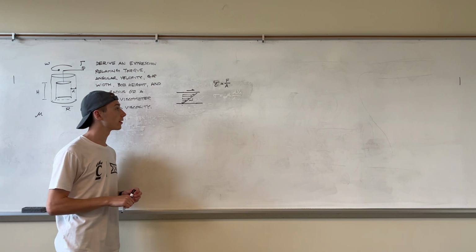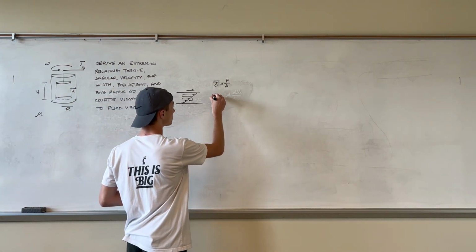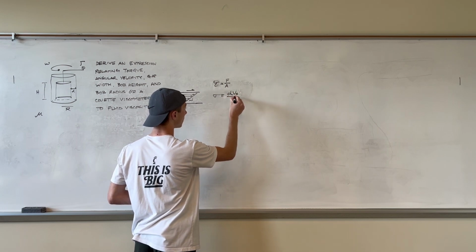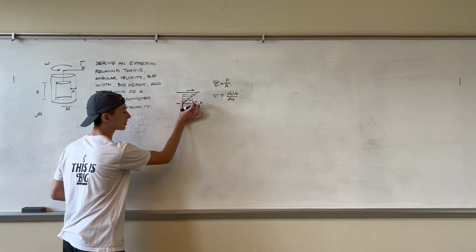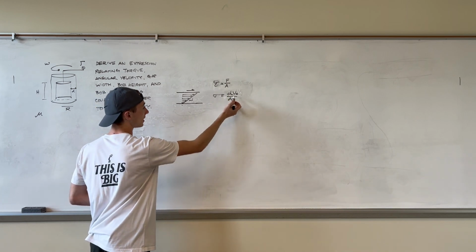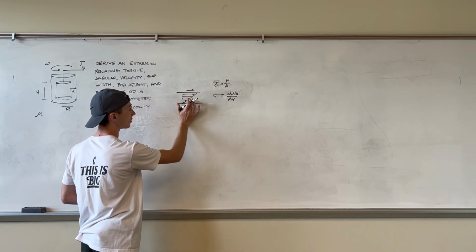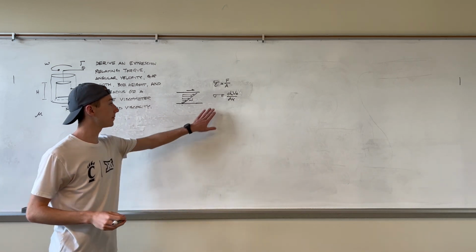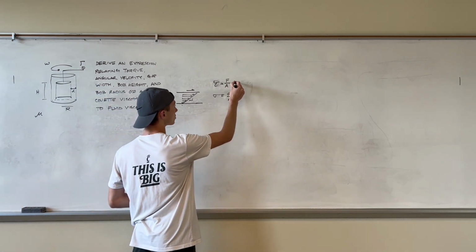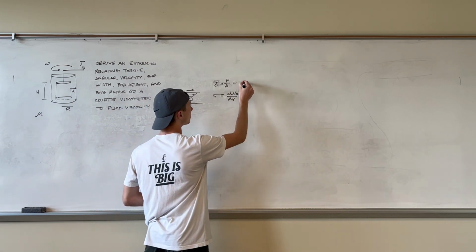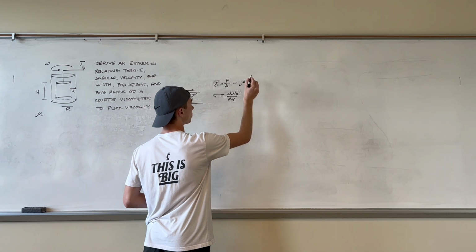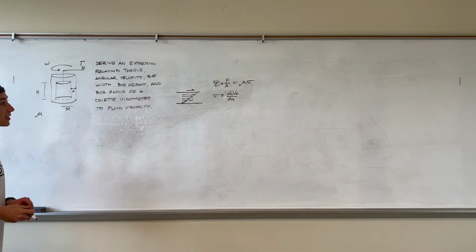Then we have our shear rate, sigma, which is equal to the slope of the laminar velocity profile: the change in velocity with respect to a change in distance in the y direction. Interestingly enough, our shear stress is also equal to the fluid's absolute viscosity times the shear rate. We'll use that here in just a moment.